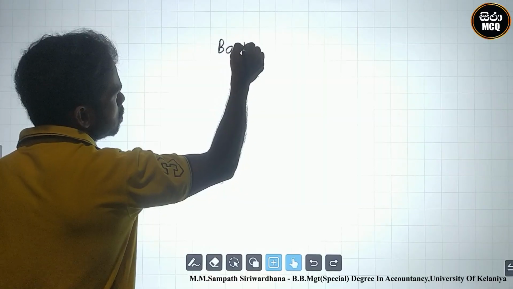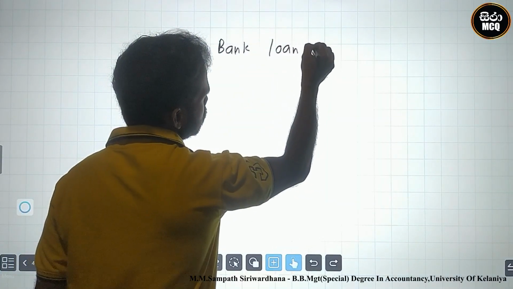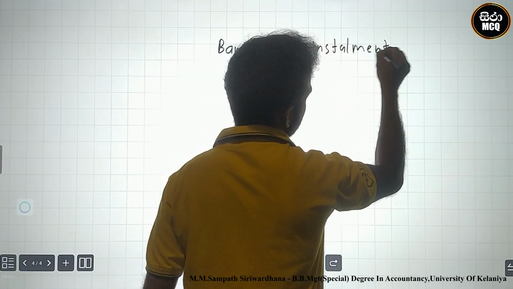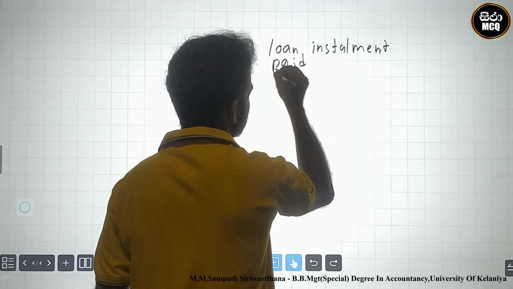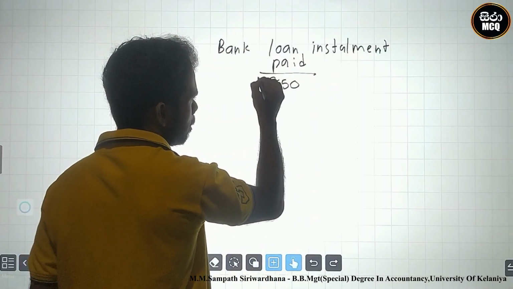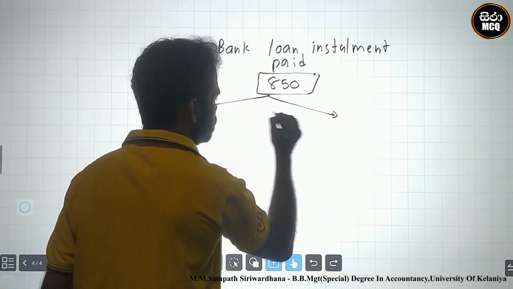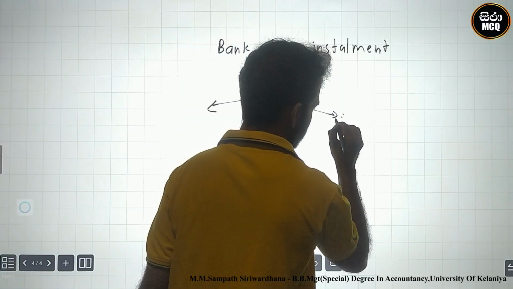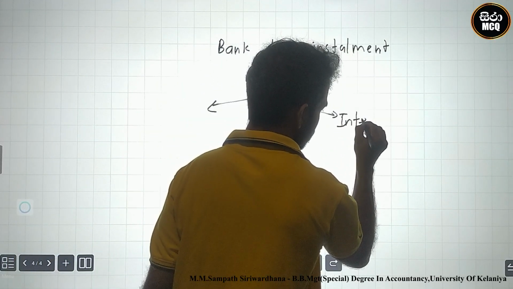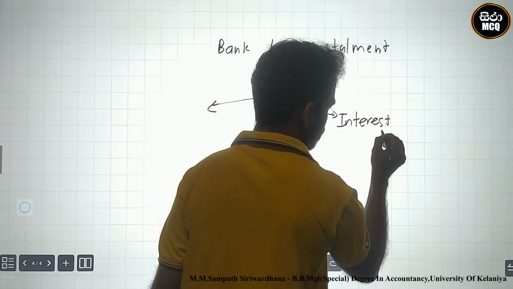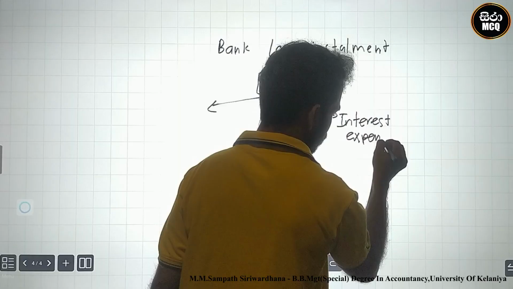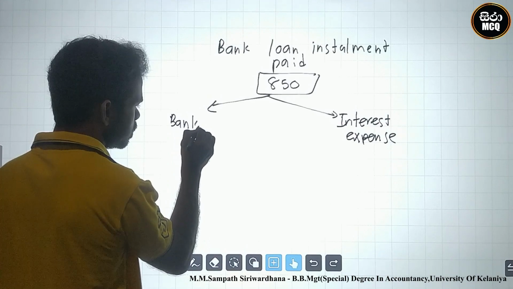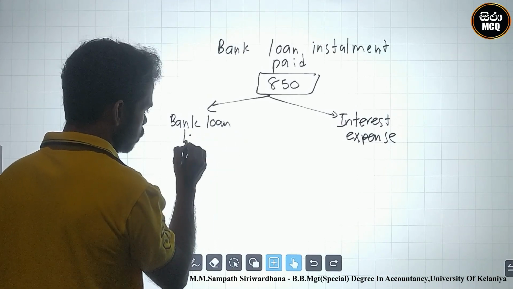Bank loan installment paid 850. The installment means there are two parts in this installment. What are they? This is expense, interest expense, and bank loan paid, loan portion.